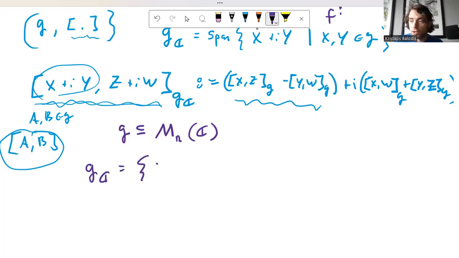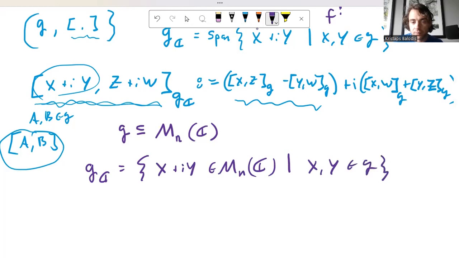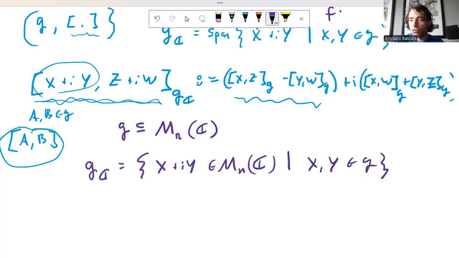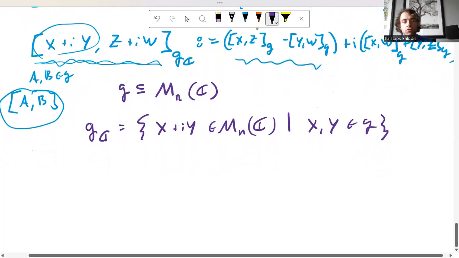I maybe should have said this part first before I defined the Lie bracket as such, but the complexification can be viewed as this. So what are some interesting examples?